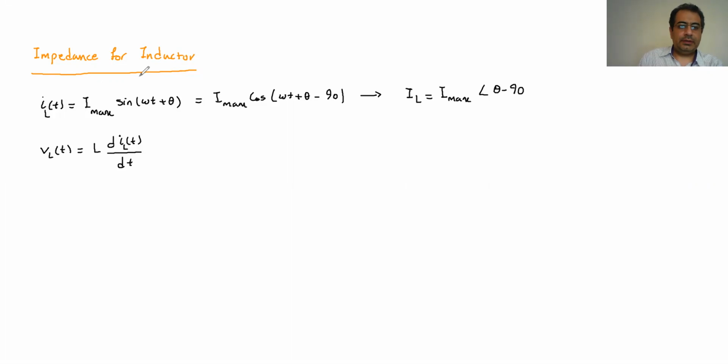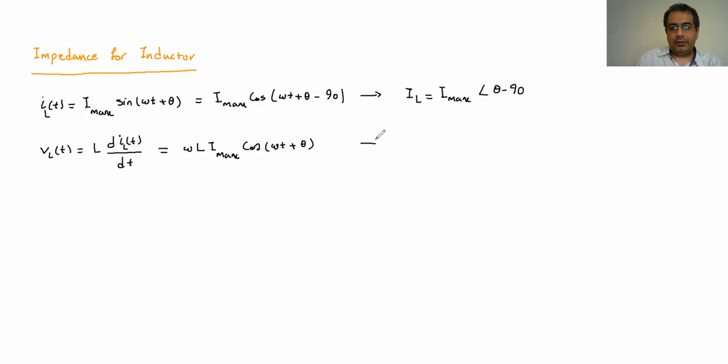So if I take the derivative of this term here, it's going to become omega L I max cosine omega t plus theta. If I take the derivative of this term and multiply it by L, this is what I'm going to get.